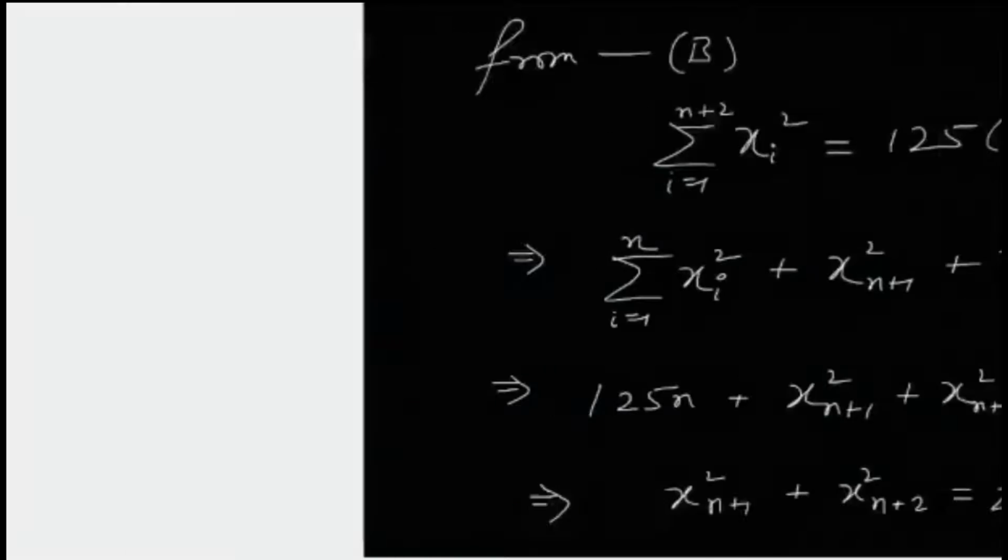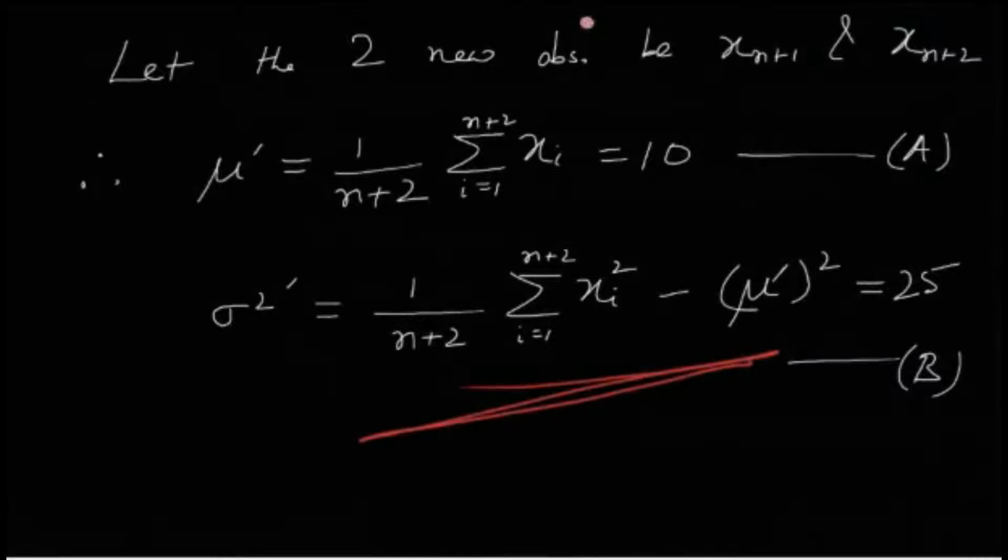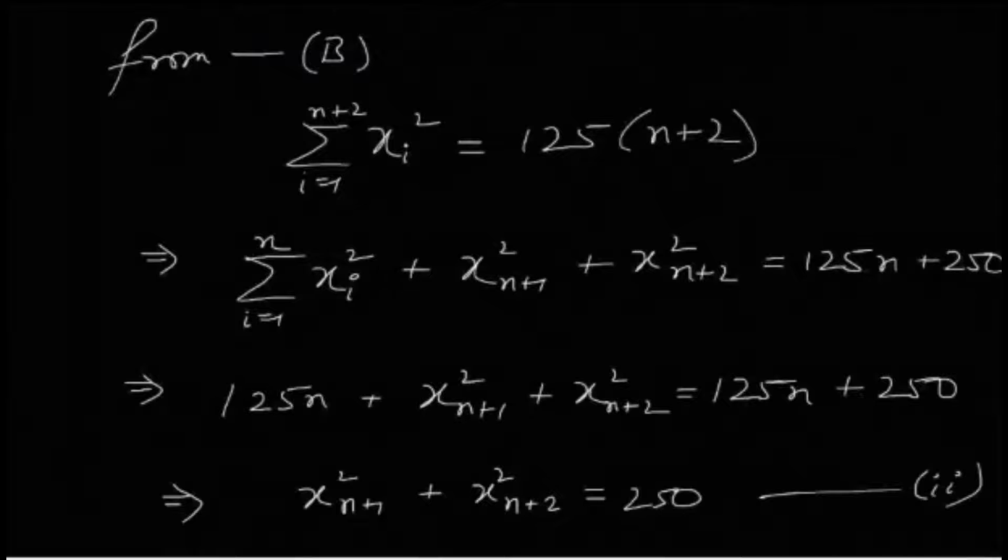From B, from this equation, summation xi square, i running from 1 to n+2, is 125 times n+2. Again, splitting out, summation xi square, i running from 1 to n, plus xn+1 square plus xn+2 square is equal to 125n plus 250.